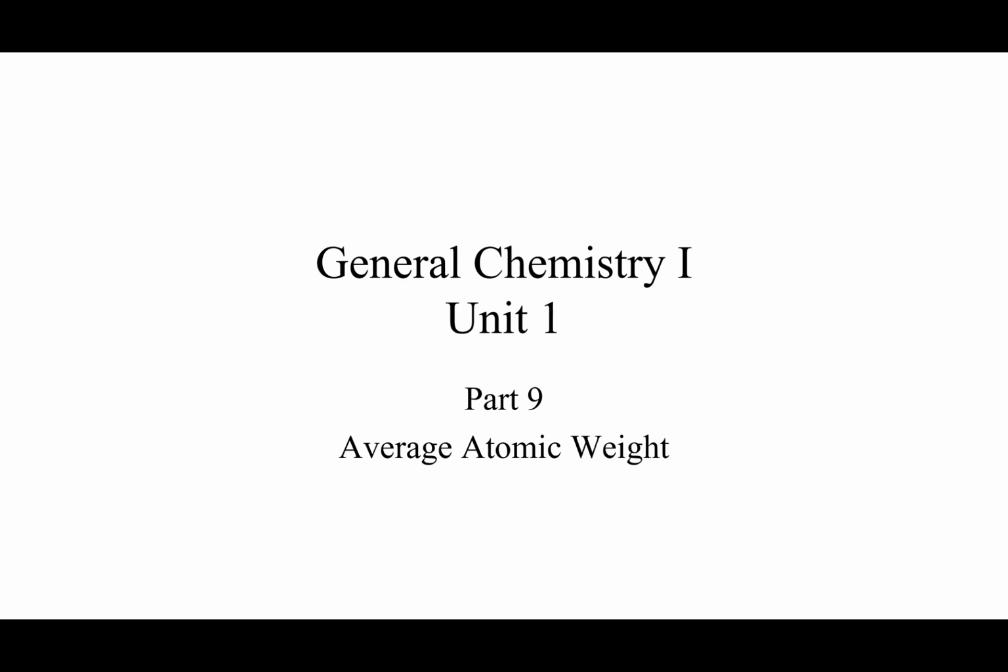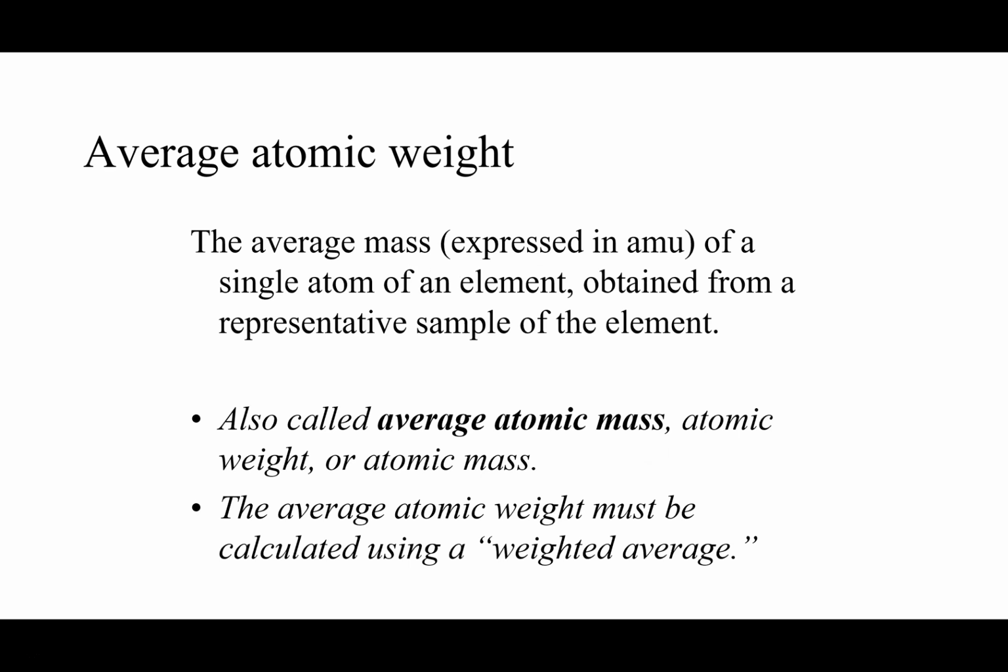So average atomic weight. There's a mouthful there. How much basically does an atom weigh on average? I think I probably already mentioned this before. In most periodic tables, in that black and white periodic table I gave you that you'll have for your test, that doesn't have the names, for every element, you have the symbol of the element, and you have 2 numbers.